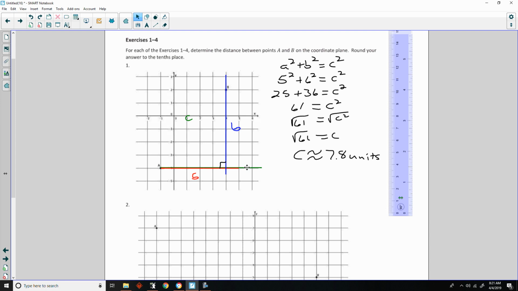If I did move it over to 0, 0 on the x-axis even, then I could count how long it is. There's 6, and then 7.8 is almost 8. So if I put that at 6, or -2, and that looks like 5.8 right there. So sure enough, it is 7.8 units long, approximately.